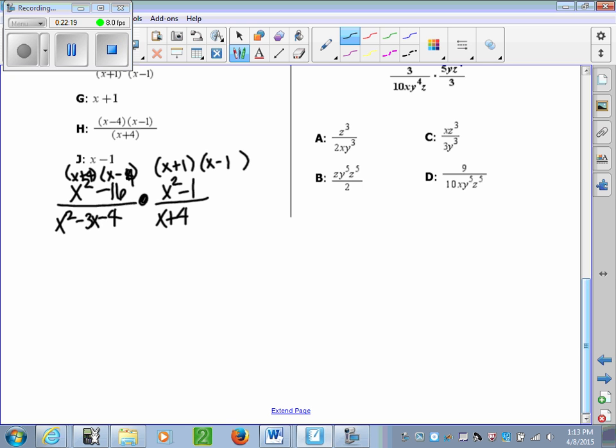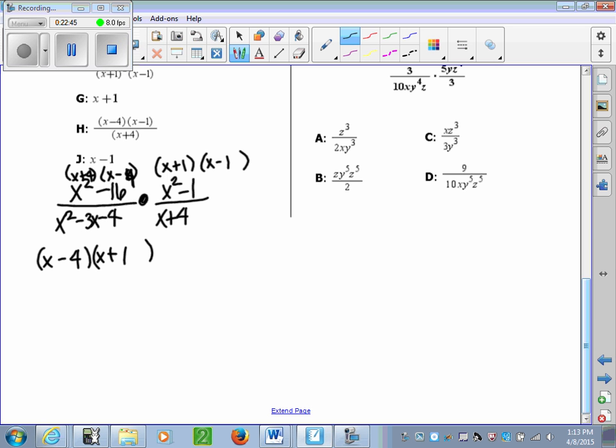Down here we need to think of two numbers that multiply together to give me a negative 4 and add up to a negative 3. That would be a negative 4 and a positive 1.